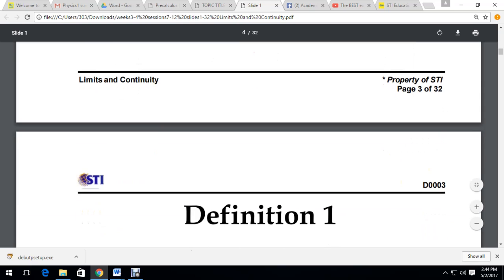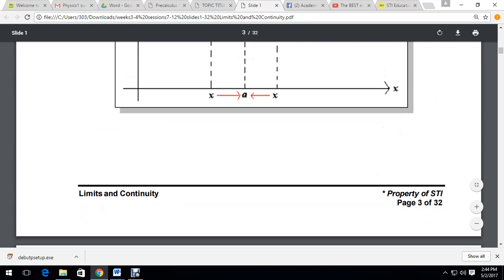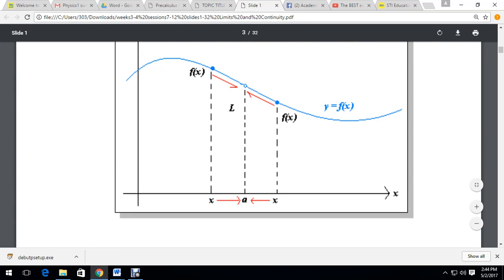Okay, where do we find the value delta? Delta is positive. Delta is actually a number that defines the distance of the endpoints of the open interval. At this point on the right-hand side of a, the distance from a up to this point is the distance delta. Delta is a positive number.